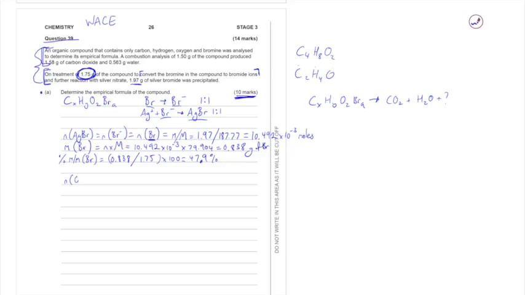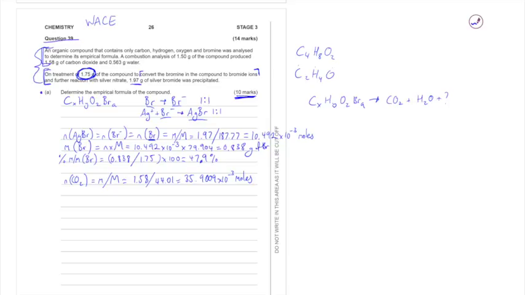So moles of carbon dioxide is equal to mass divided by molar mass. And again, depends on the accuracy of your periodic table, but I get 1.58 divided by 44.01. And this gives me a value of 35.9009 by 10 to the minus 3 moles.